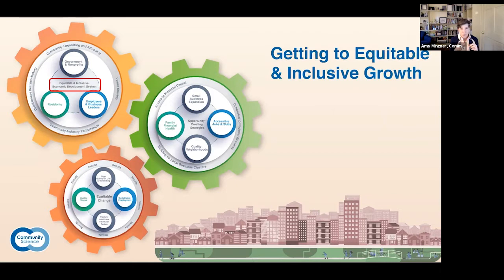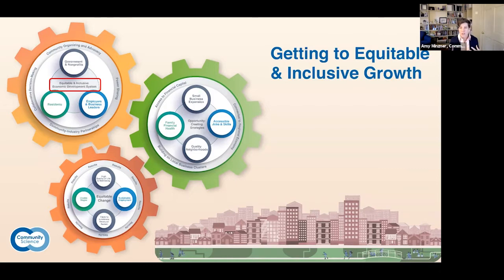And in traditional economic development circles, I think there's general agreement that the key stakeholders are employers, business owners, business leaders, the government and nonprofits that are implementing policies and systems and programs. But what we feel is critical for getting to equitable and inclusive growth is actually another key stakeholder: the residents, the beneficiaries, those that are the intended recipients of this growth.